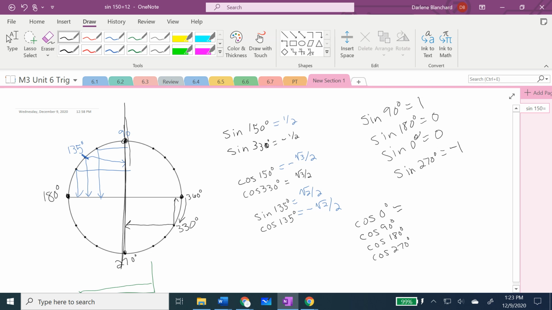Okay. When you're focused on x coordinates, when you're at 0 degrees, that x coordinate is 1. When you're at 180, the x coordinate is -1. But when you're at the top and the bottom of the circle, the x coordinates are 0.